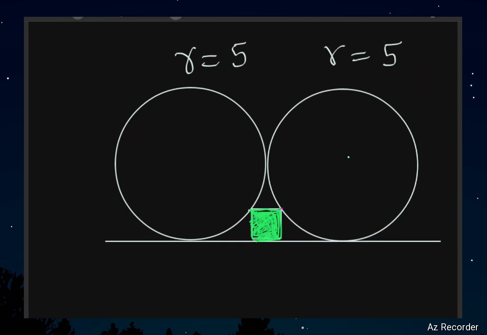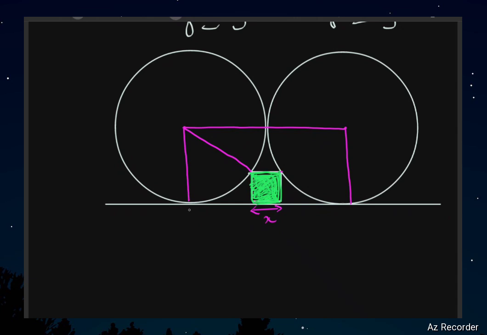Let's use pink color. So these are the centers and let's draw a line. Both circles are identical, so we don't have much problem solving this. Let's assume the side of the square to be x, and from here to the center assume it is y, so this will also be y.